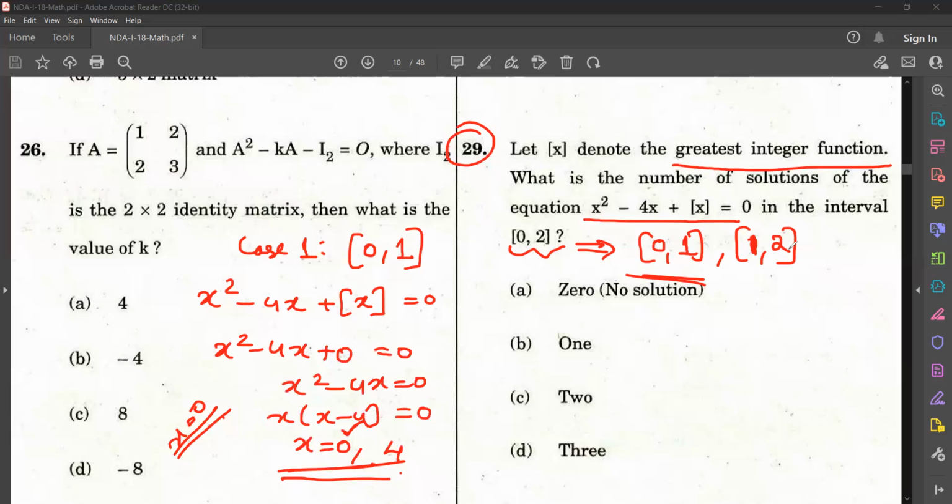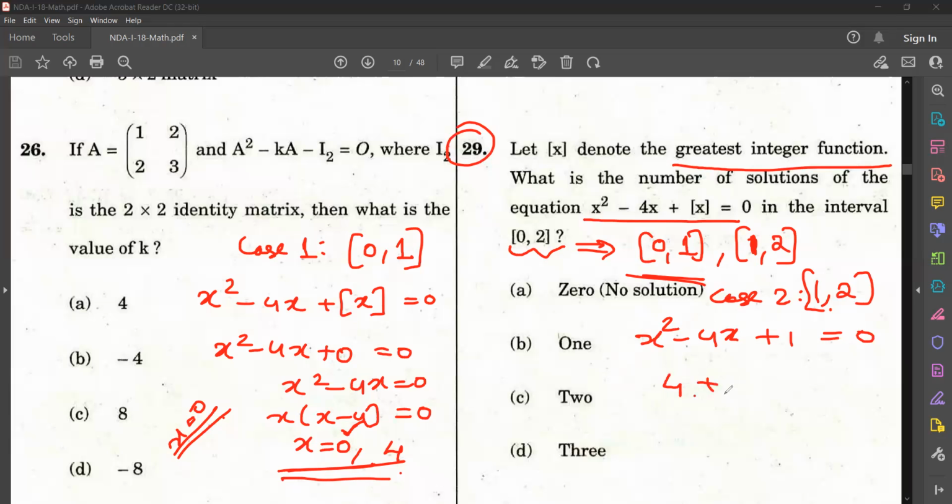Next, we are going to see 1, comma 2. So case 2, 1, comma 2. Here we can use the same equation, with the greatest integer being 1. In this interval, the greatest integer less than 2 is 1. So just solve it: minus b plus or minus root of b square minus 4ac by 2a.